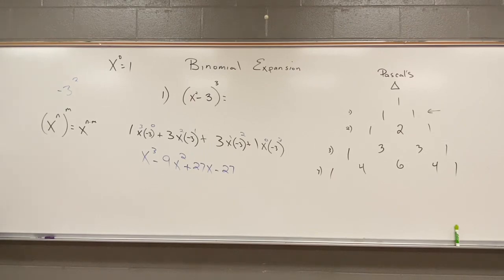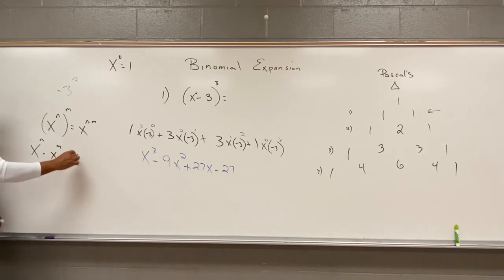You guys never seen that rule before? So anytime I'm raising a power to a power, I multiply those two things together. That's different than if we're multiplying the bases, that's when we would add those guys together. Right, you see the difference?